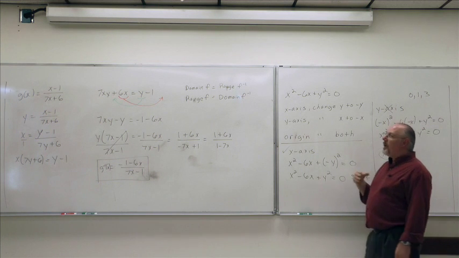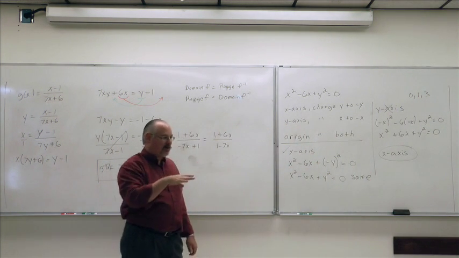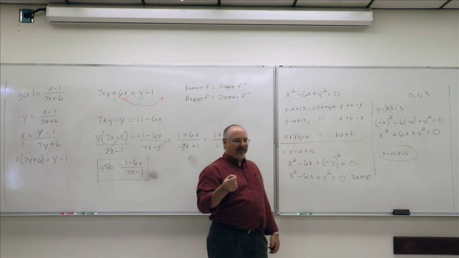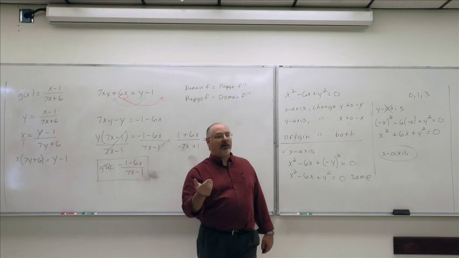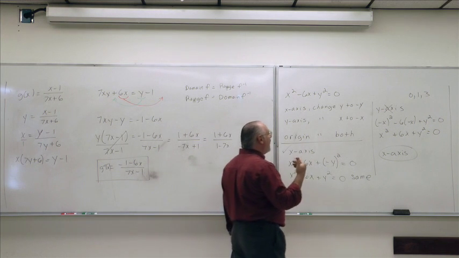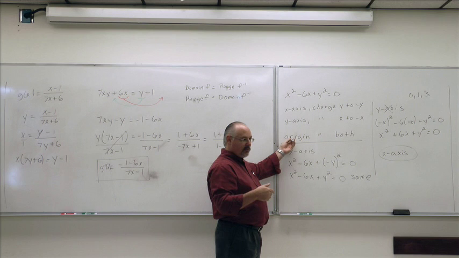Basically, the way it works is you can look at the exponents. I'm guessing that's the question. If you have a mixture of exponents, even and odd, then you're not going to have any symmetry. If they're all odd, generally then you will have origin symmetry.